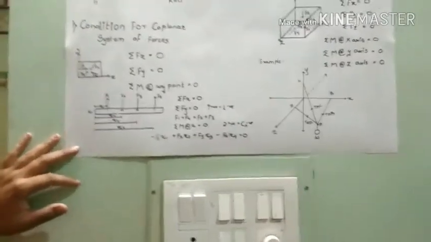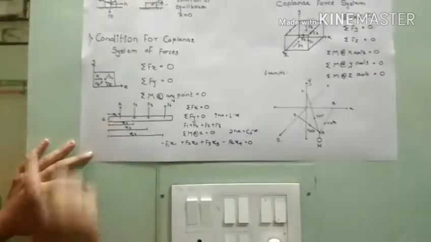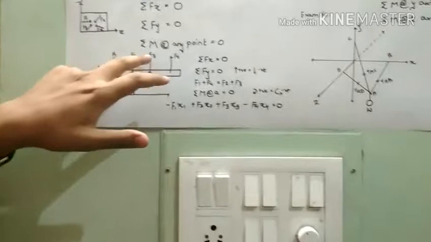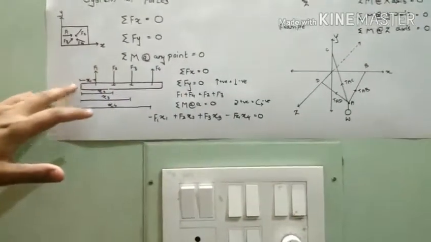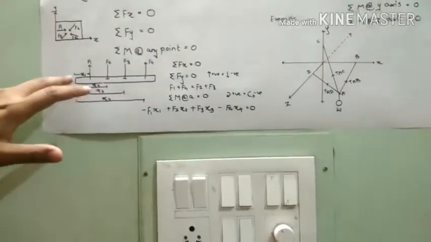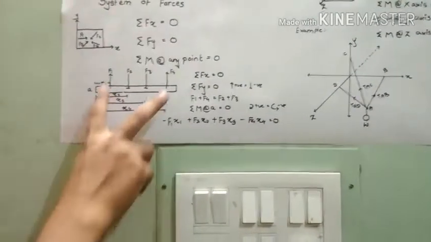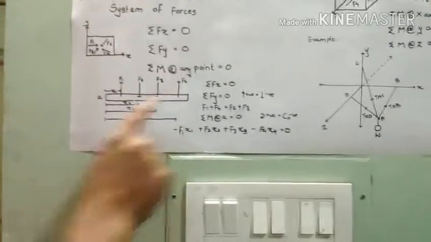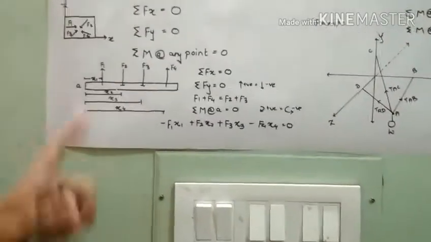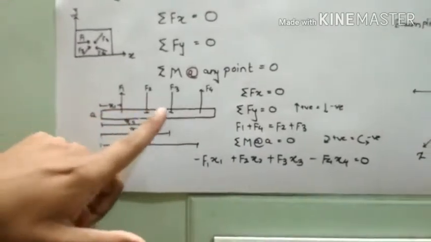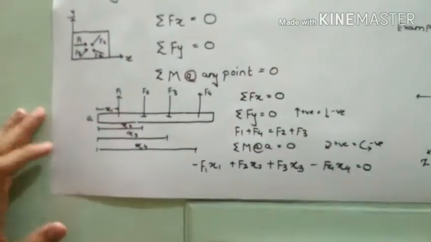Take an example. A rod which is shown here is acted on by 4 forces F1, F2, F3, F4 respectively at distances of x1, x2, x3 and x4. Of these forces, F1 and F4 are acting upward and F2 and F3 are acting downward.